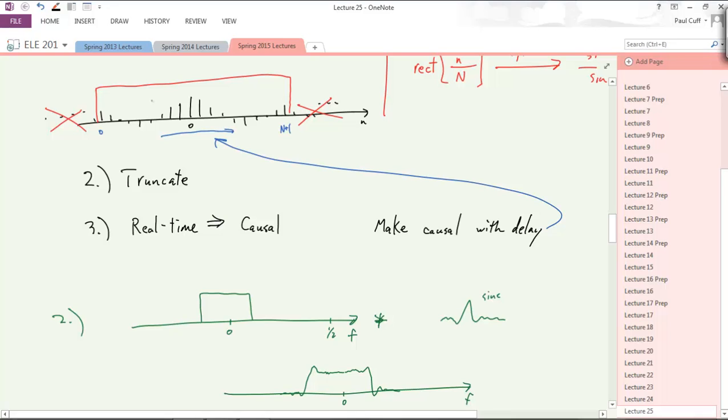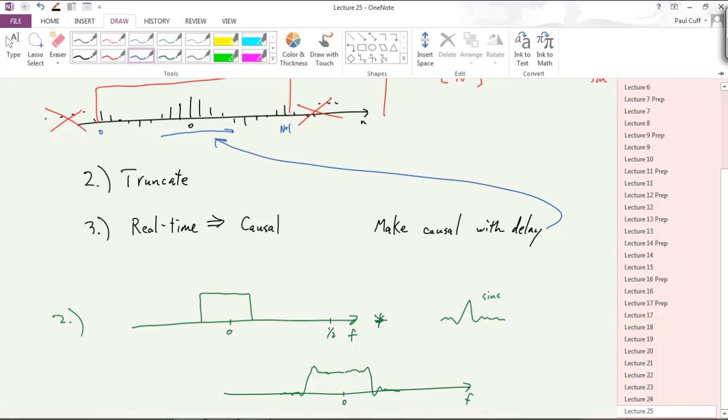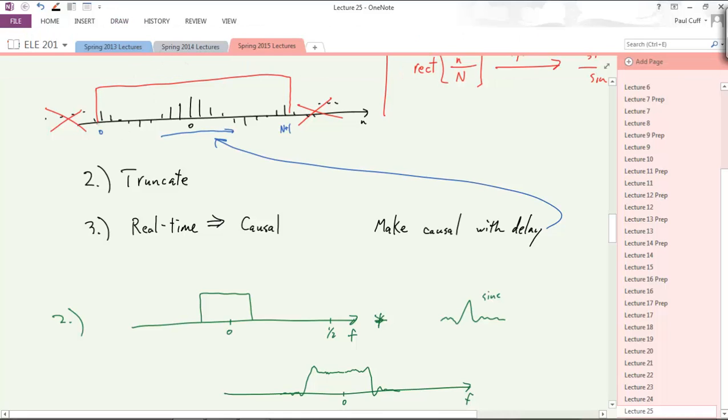Instead of multiplying by a rect, you could come up with some other function that also is finite in duration. Usually it'll kind of get rid of the edges a little bit. There are a lot of window functions that you use instead of rect. Multiply your ideal low-pass filter by this new window. It'll still convert it to an FIR filter because it's still finite in length.